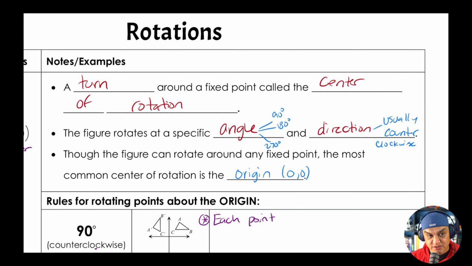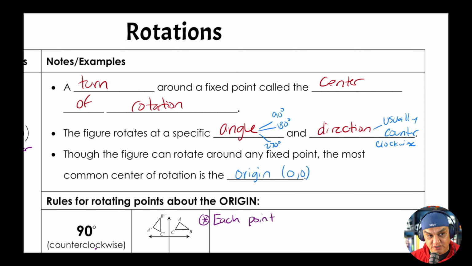That's our go-to direction. A 360 takes it to the same place. We can rotate something 360, but the points will not change. If I go all the way around, the point is in the same place. So 360s are easy.